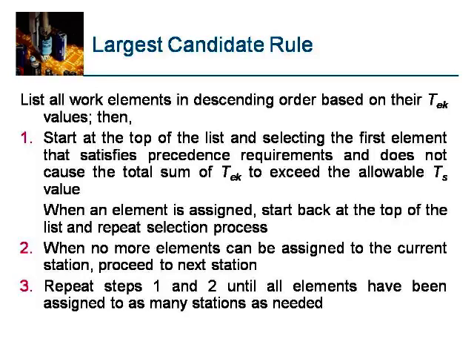When an element is assigned, start back at the top of the list and repeat the selection process. When no more elements can be added to the current station, proceed to the next station. Repeat steps 1 and 2 till all elements have been assigned to as many stations as needed.